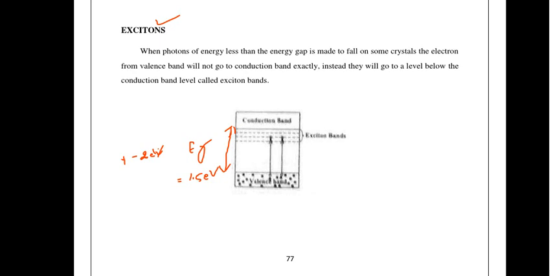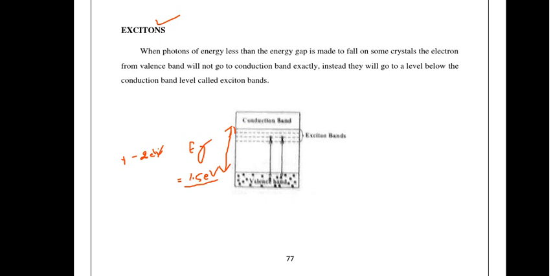So in some cases, if the photon energy doesn't meet this energy level, then there will be no movement of electron from the lower level to the higher band. Hence we need more energy to move the electron from the lower level to the higher energy level.